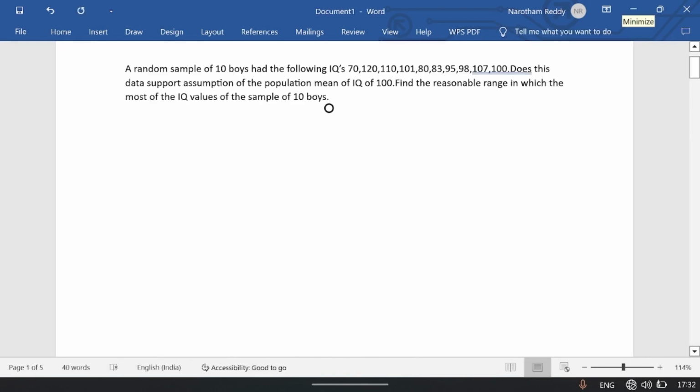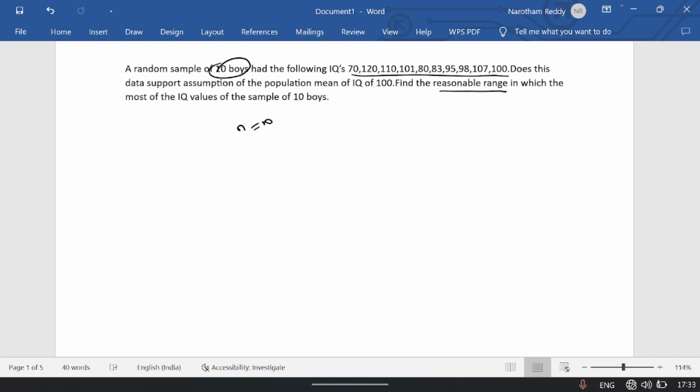Here, a random sample of 10 boys had the following IQs: 70, 120, 110, 101, 80, 30, 83, 95, 98, 107, 100. Does this data support the assumption of a population mean IQ of 100? Find the reasonable range in which most of the IQ levels of the sample of 10 boys lie. Here, sample size n equals 10, and those are the IQs.